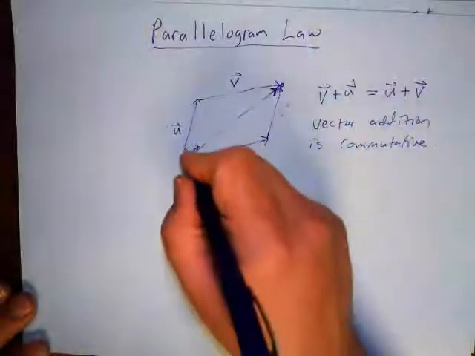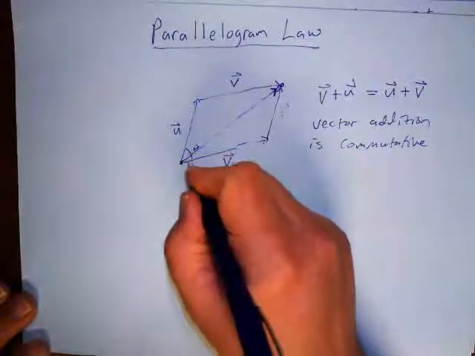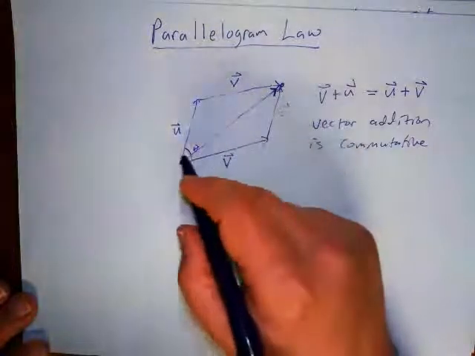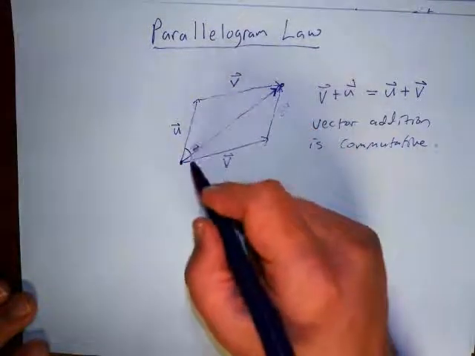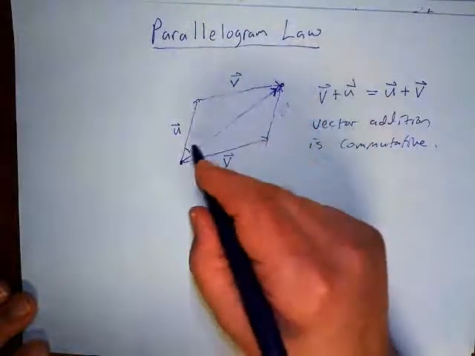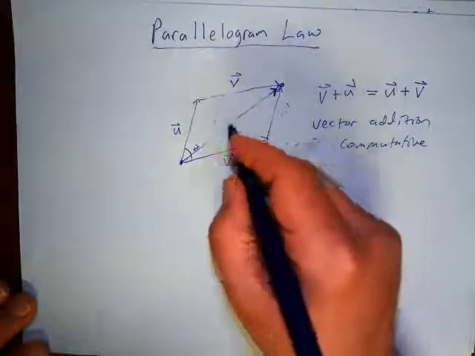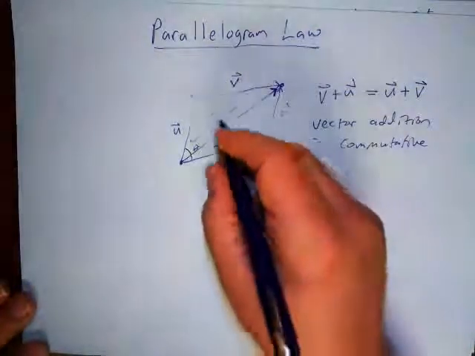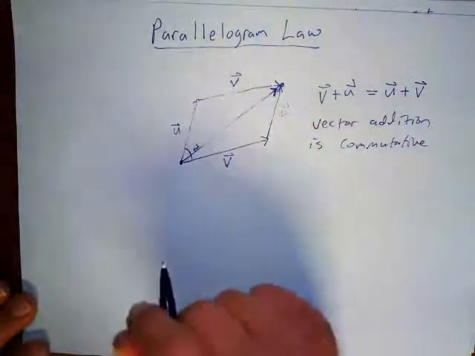Then you're going to be able to use this angle to find the other angles. The opposite angles of a parallelogram are equal. That's a theorem from geometry. So these are equal and those are equal.